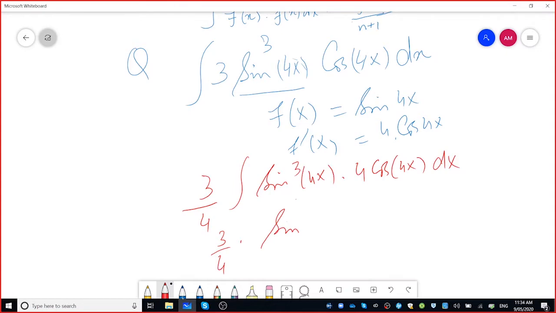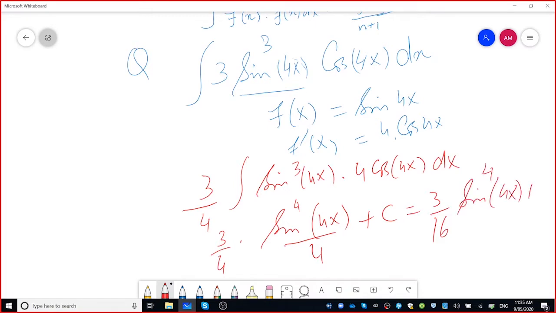So it becomes sine 4x to the power of 4 over 4 plus c. And then this is equal to 3 over 16 sine to the power of 4 of 4x plus c. I suppose that was your answer. Yeah, that was mine. Yeah, that's good. That's good.